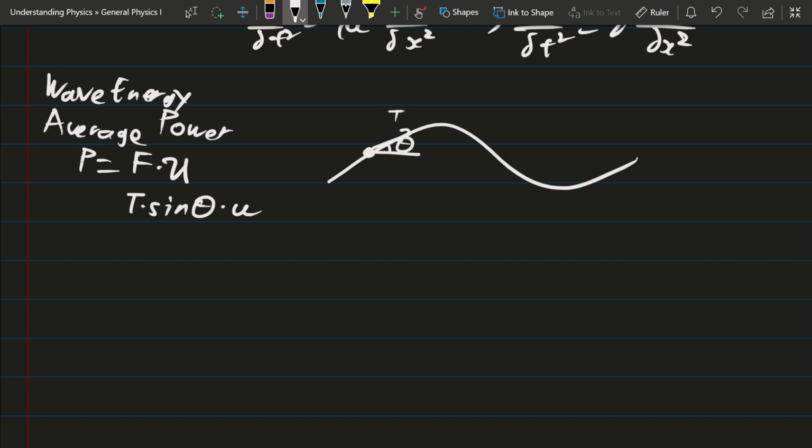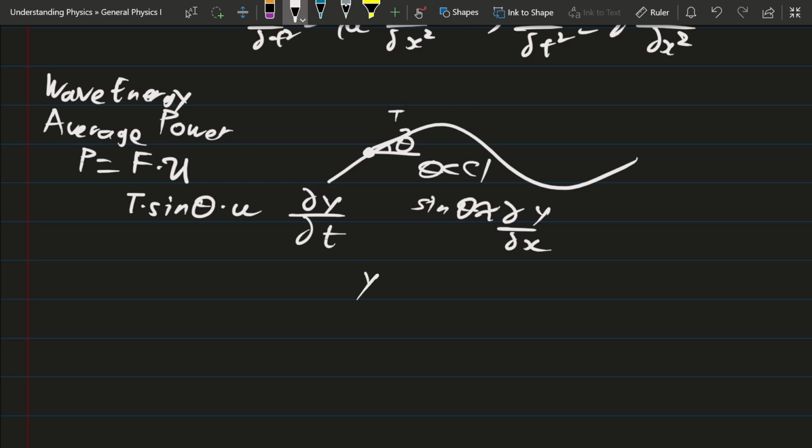So what's U? U is the particle's velocity, and the way that you could write this is the partial y over the partial t. And for the sine theta, if we assume that theta is much smaller than 1, we would be able to obtain that sine theta is approximately the partial y over the partial x. And so what's the y?